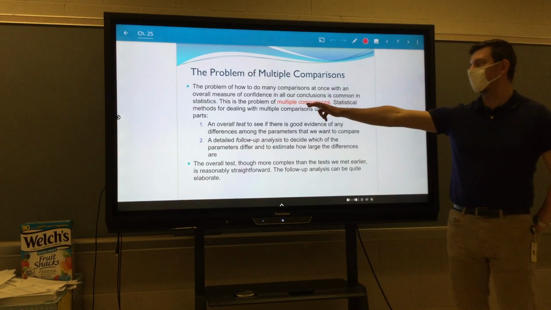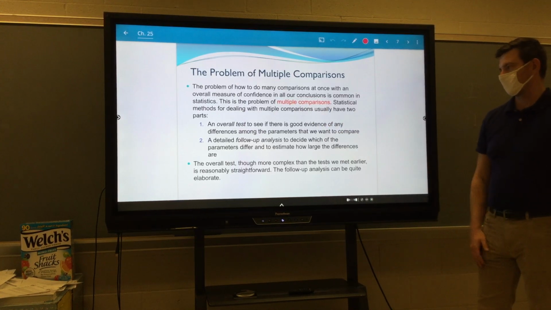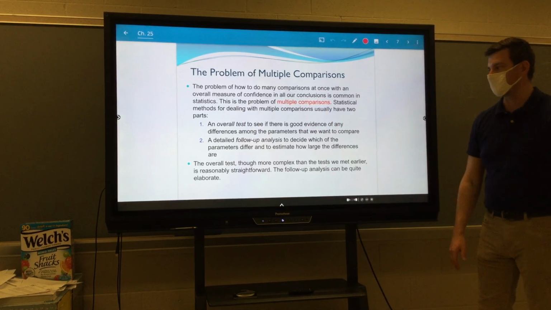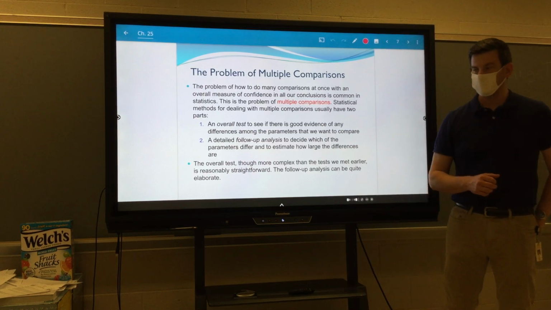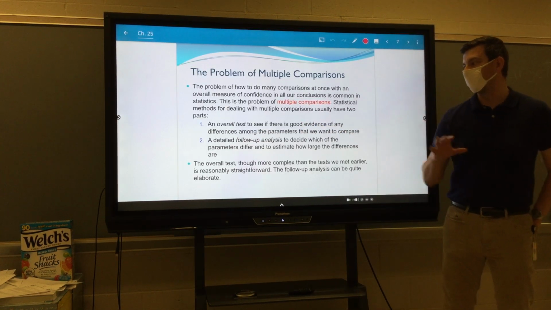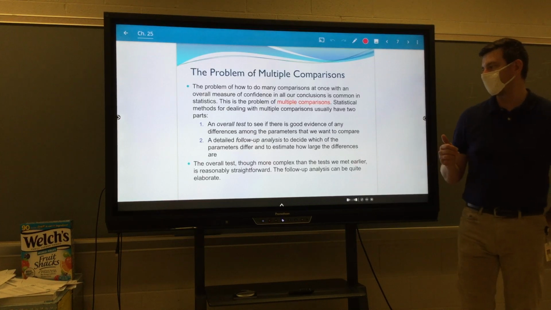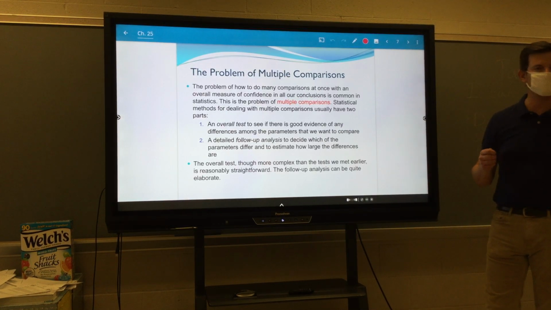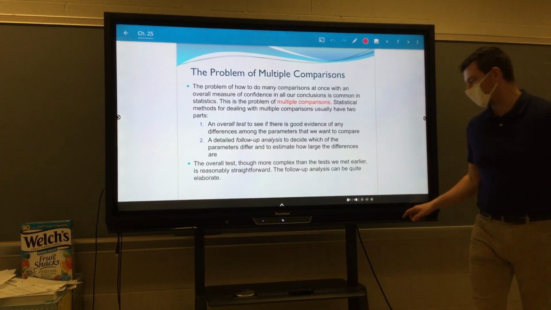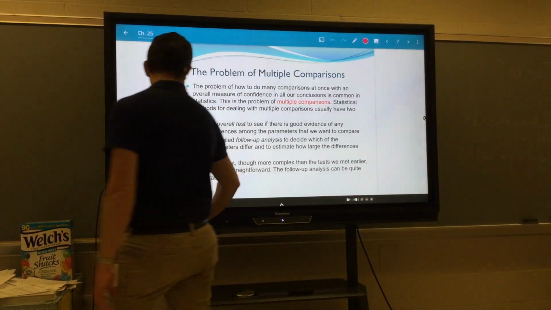So this is a problem of multiple comparisons. And statistical methods for dealing with multiple comparisons usually have two parts. The first part is an overall test to see if there is good evidence of any differences among the parameters that we want to compare. That's what this chi-square test does.